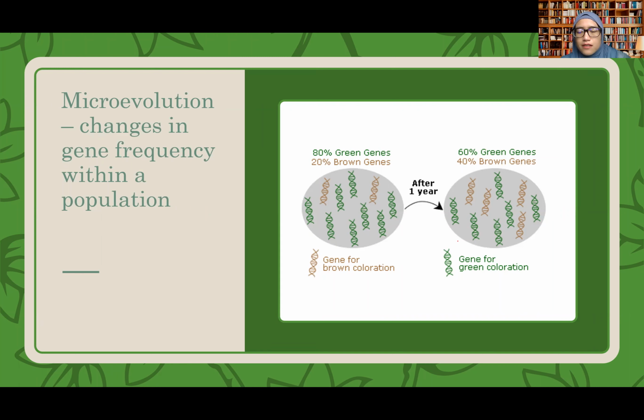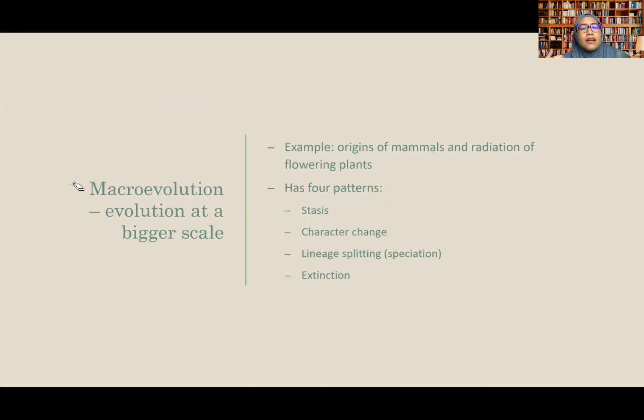It might be that the green beetles, the green genes just get destroyed, stepped on by another person, you know. So that's microevolution. You can see the changes in the gene frequency within a population, and you can see the changes within a generation.